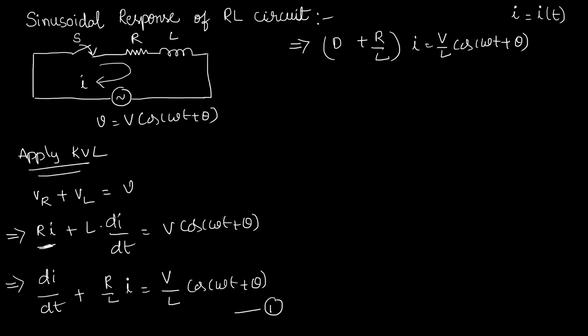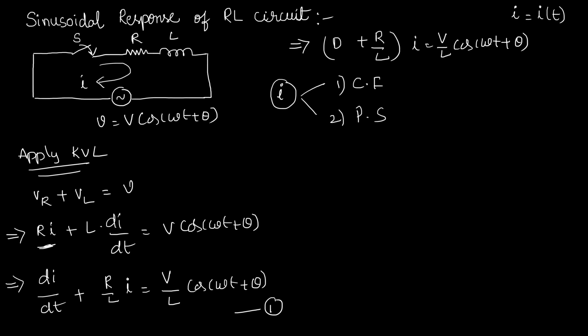If you solve this equation, you will be getting the solution for the current i. Clear? So this solution will have two parts. The first part is a complementary function and the second part is a particular solution or particular integral.